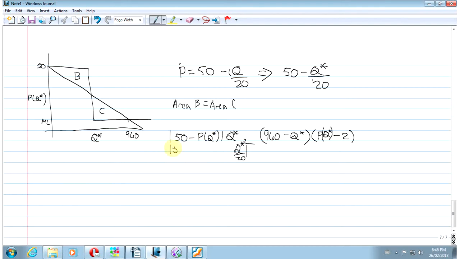So I'm going to put those back in because I want you to see what's going on. And that still has to equal, and now I'm going to expand this out. I've got P of Q star, which is 50 minus Q star over 20, minus 2, so that's 48 minus Q star over 20.